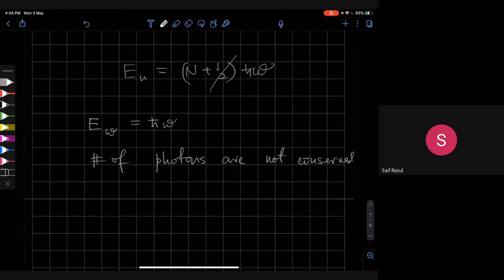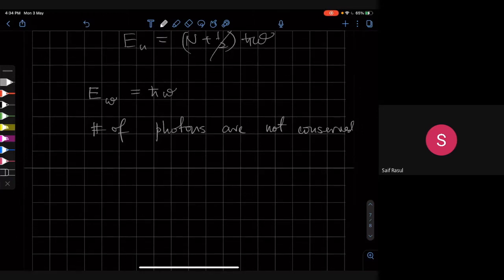So if we are going to write down the partition function for photons whose frequency is omega, we have to consider the case of 0 photons. We have to consider the case of 1 photon. We have to consider the case of 2 photons, and so on and so forth.